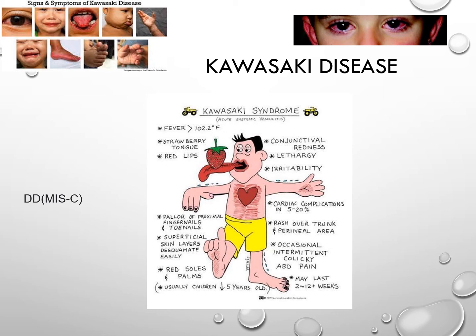So Kawasaki is considered a pediatric-related vasculitis. However, it also can occur in adolescents as well as adults in a rare context.